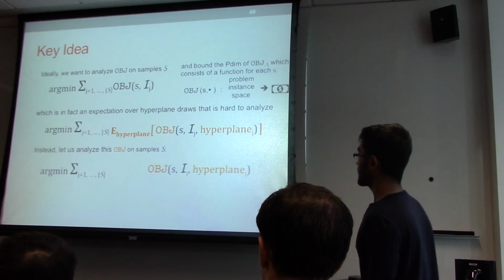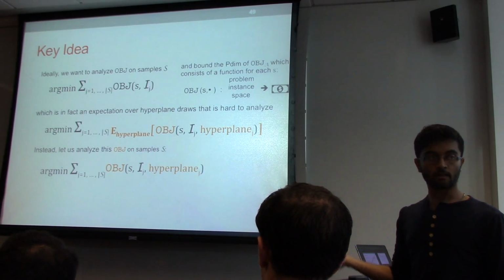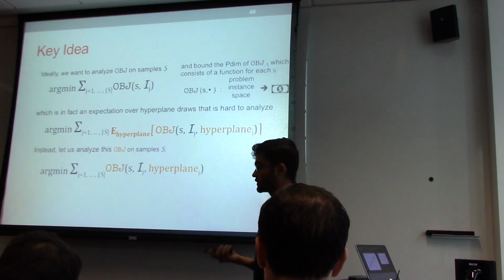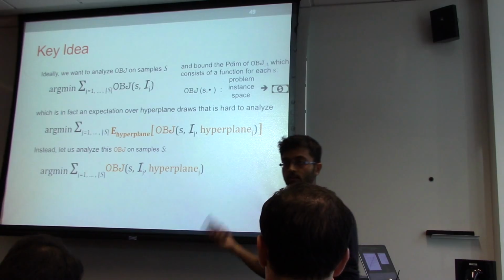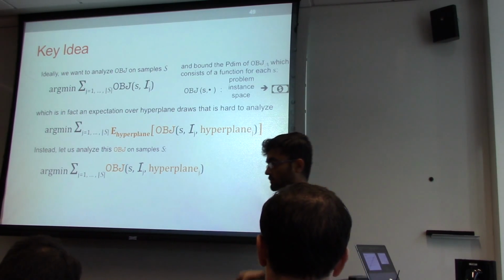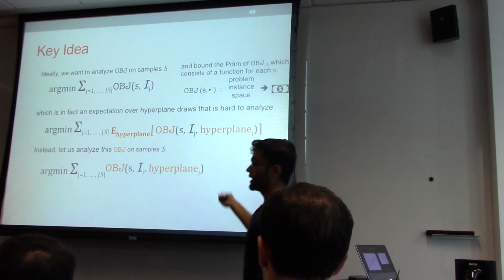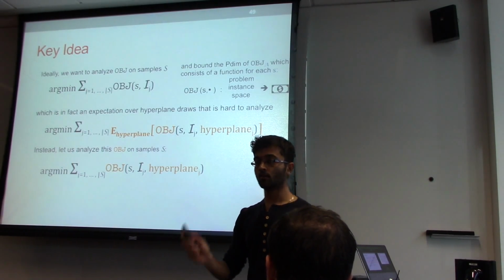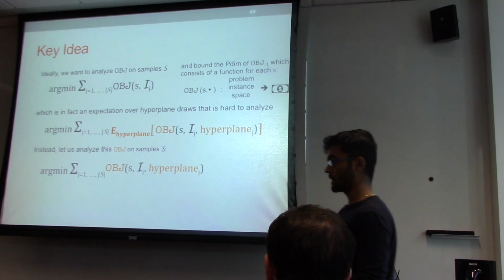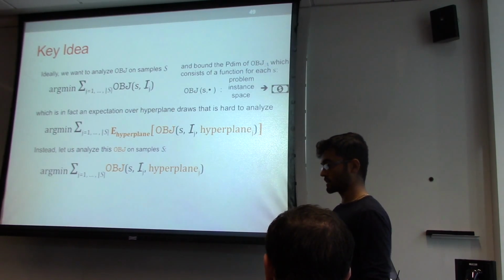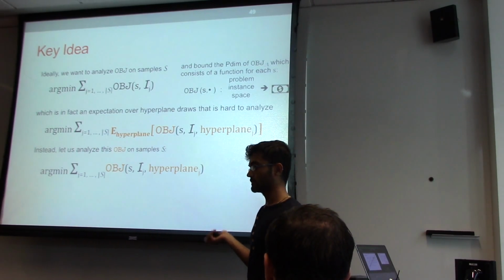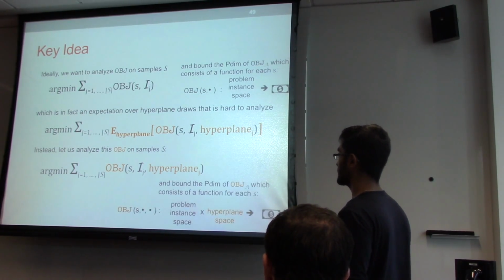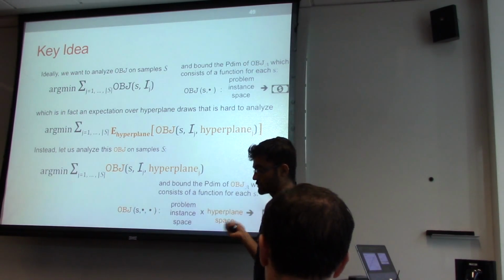So I'm going to analyze this. What I mean by that, for each problem instance, instead of understanding how the cost varies in expectation over the random draws of hyperplane, I'm going to fix a hyperplane for each problem instance. And I'm going to see how the cost is going to vary only for that fixed hyperplane. Okay. So it's not immediately clear why that would be good, but we show that we can as well do that.